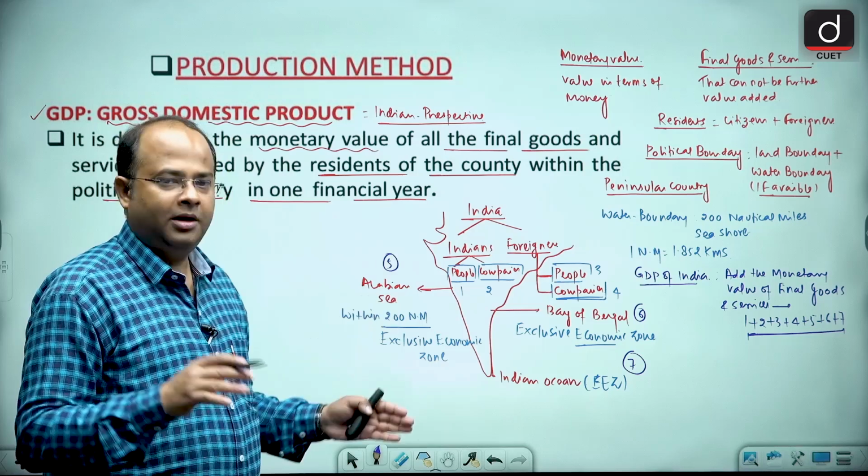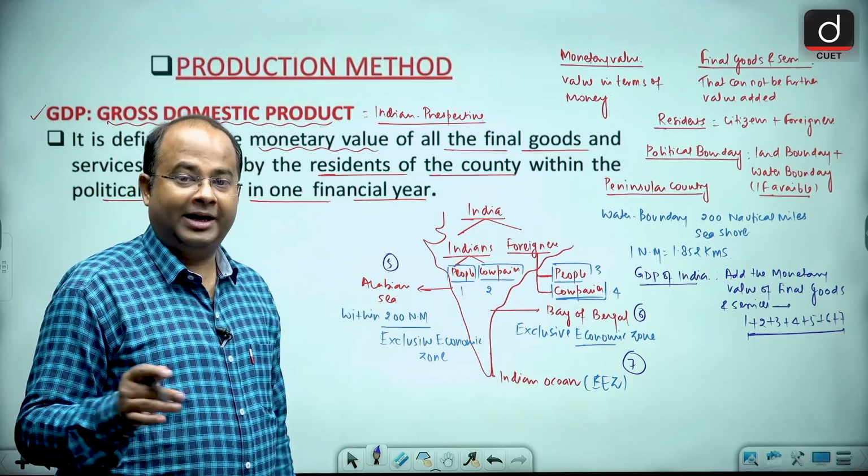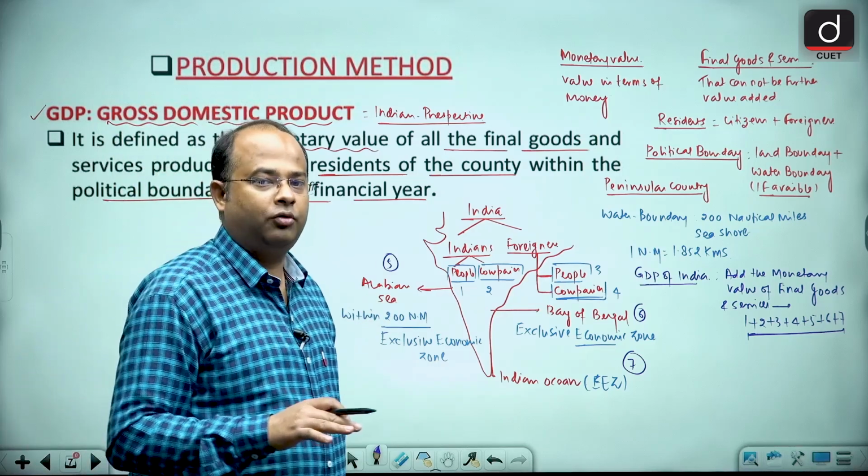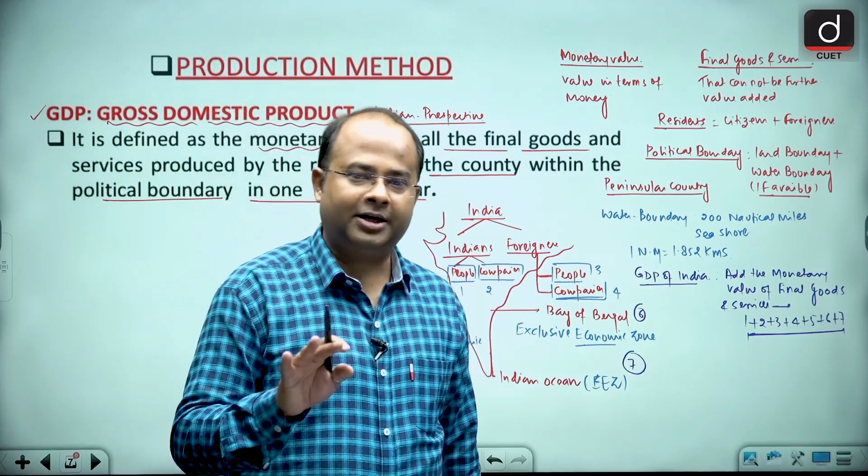So in GDP, whatever economic activity is happening within the political boundary of India is taken into account.